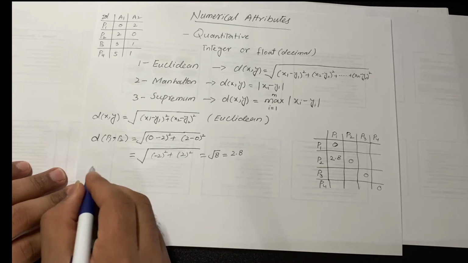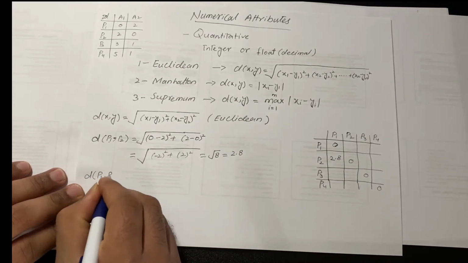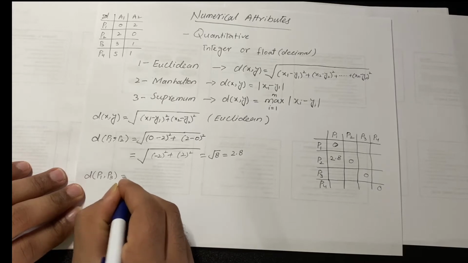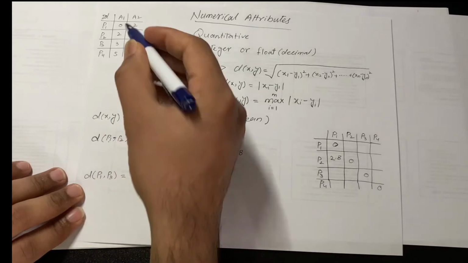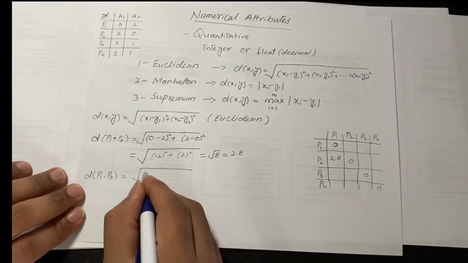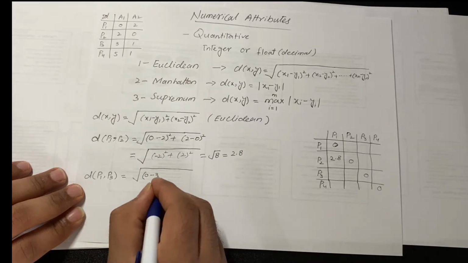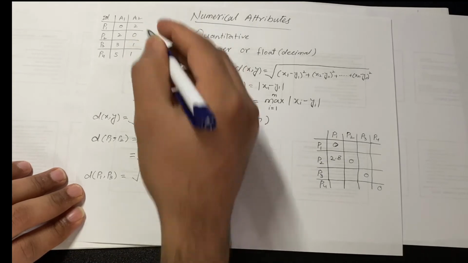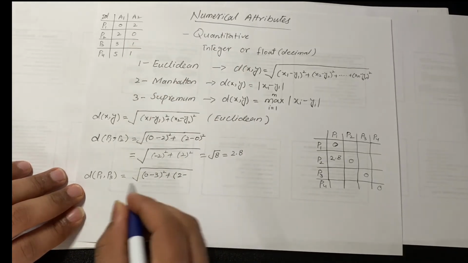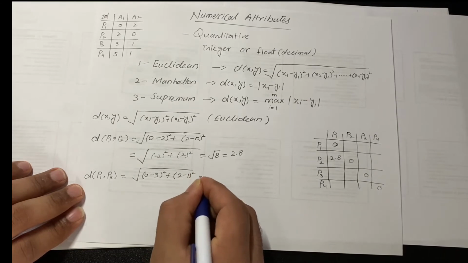Now for P1 and P3, P1 we have 0 minus P3 we have 3, square, plus P1 we have 2 minus P3 we have 1, square.